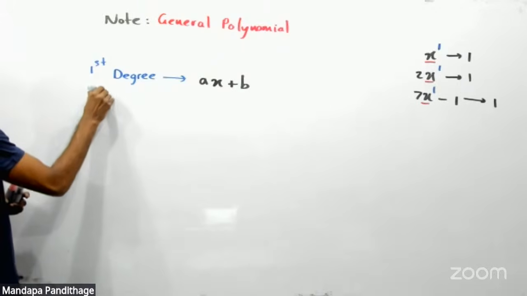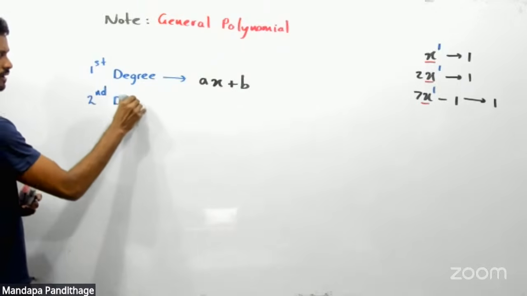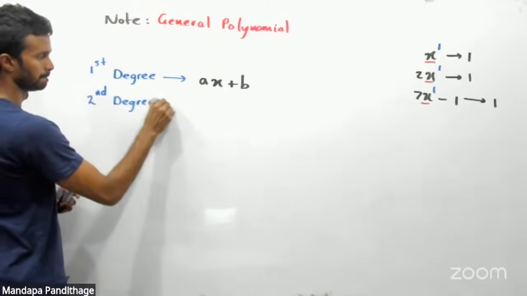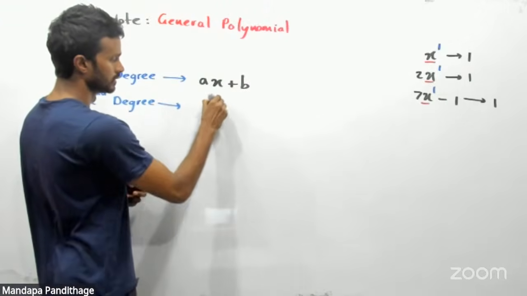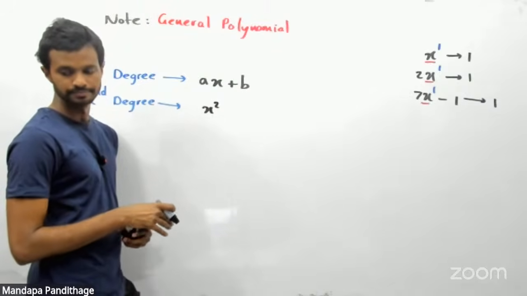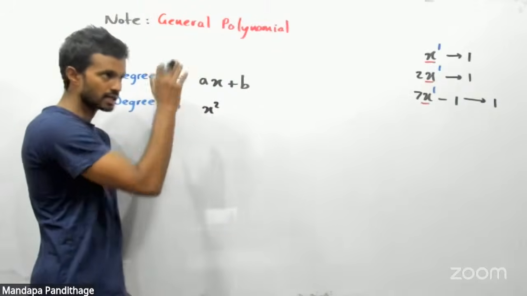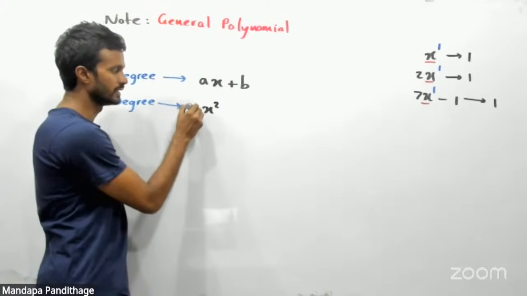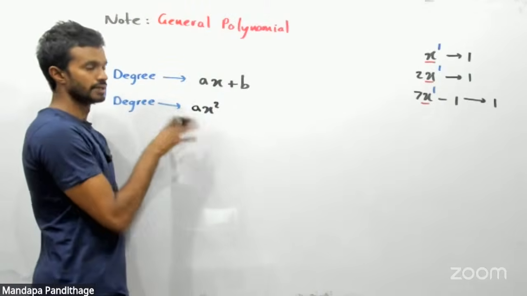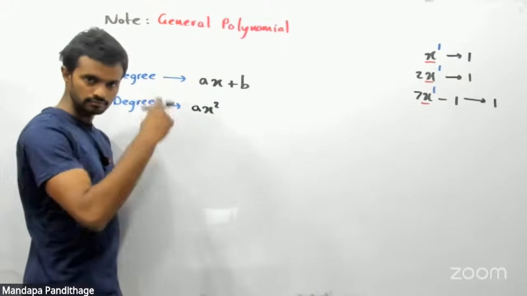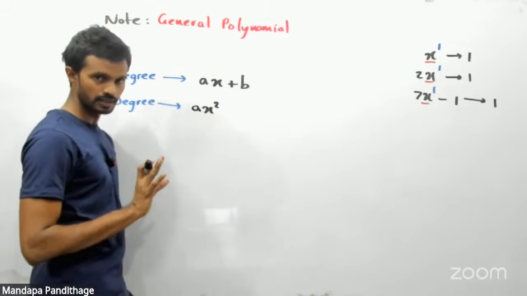And now when you have the second degree, what is the mandatory term? There should be x squared. And then the coefficient can change, as I discussed. So we have ax squared. And then there can be x terms and constants, which are not compulsory terms.